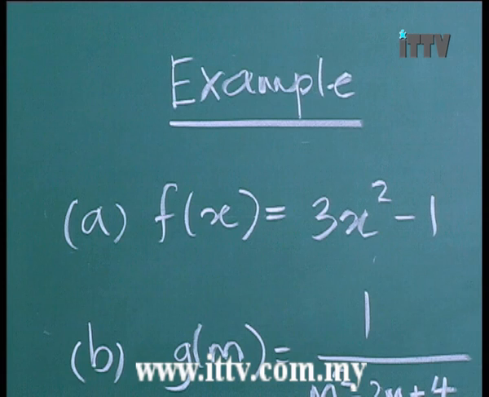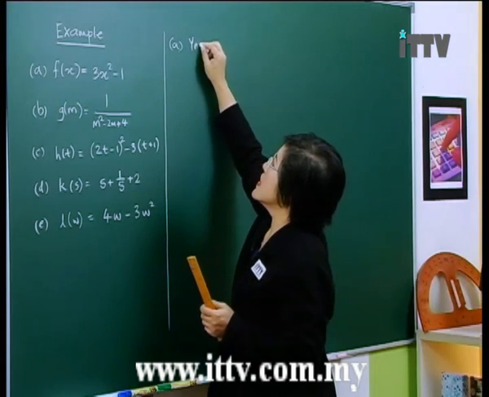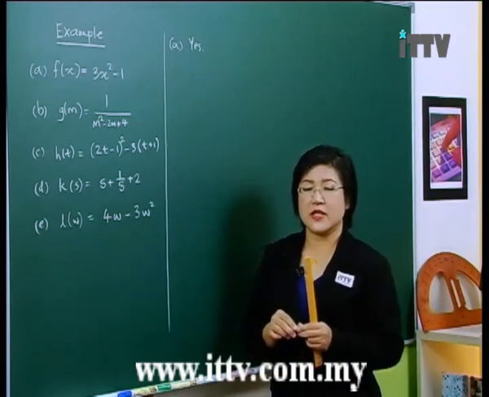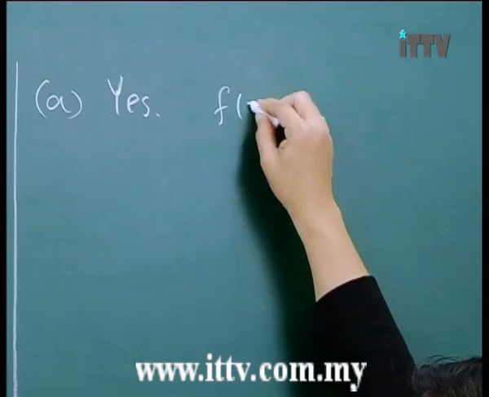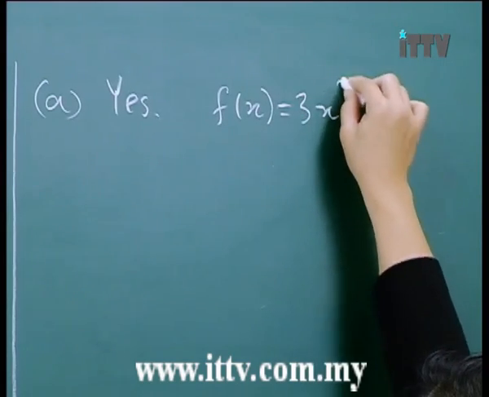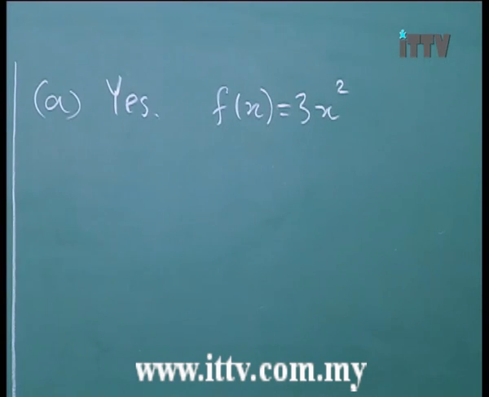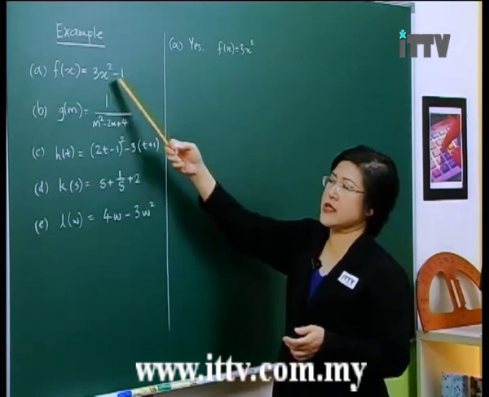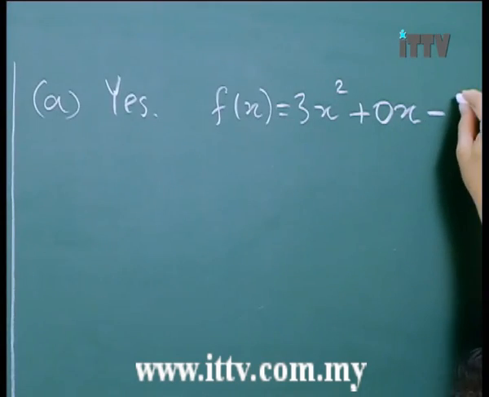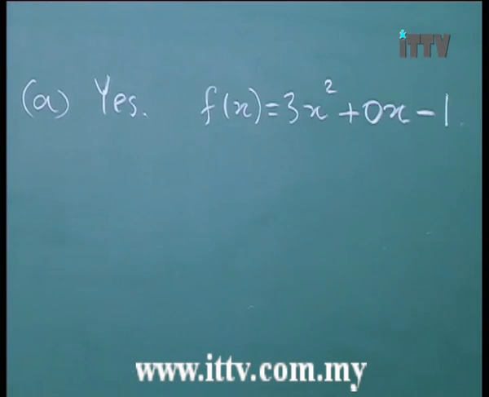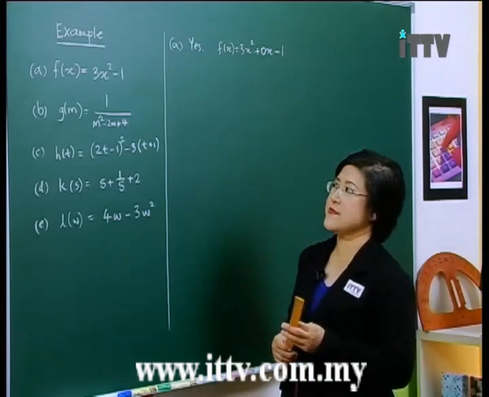Hence, it is a quadratic function because its highest power is 2. And how do we write it in general form? Remember, general form is ax squared plus bx plus c. And since there is no x term here, we ought to write it as plus 0x minus 1. That's the general form of the function of x.